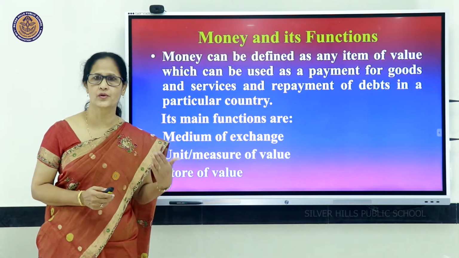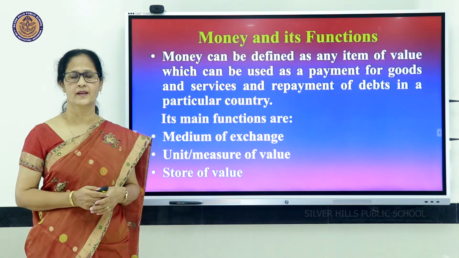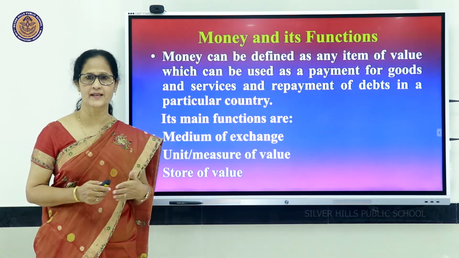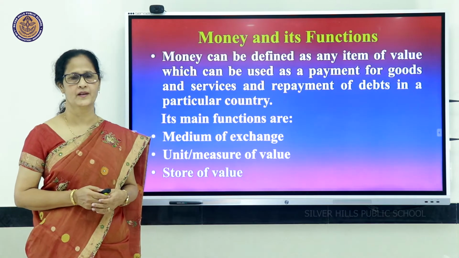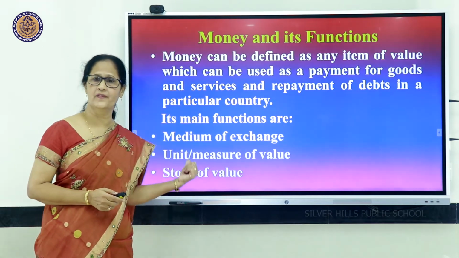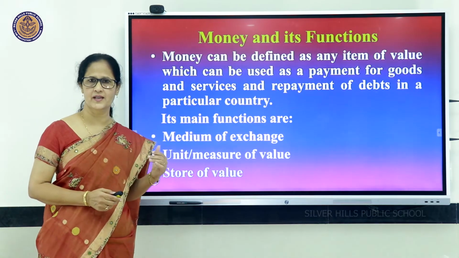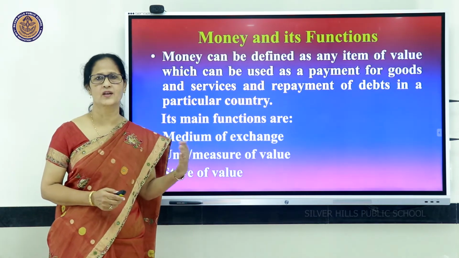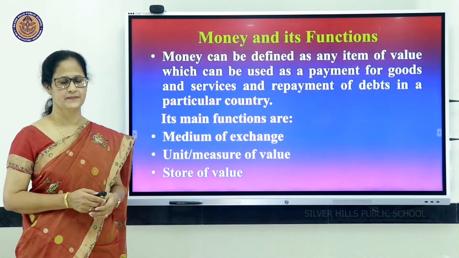Money can be stored or stocked for future payment. It can also be accumulated to increase our riches or wealth. So these are the three important functions of money, and money as a medium of exchange is coming again later, so we will deal with it in a little more detail later.